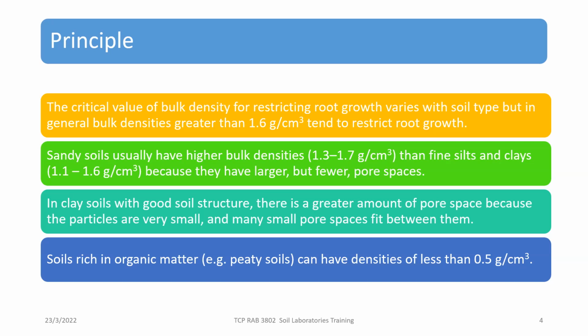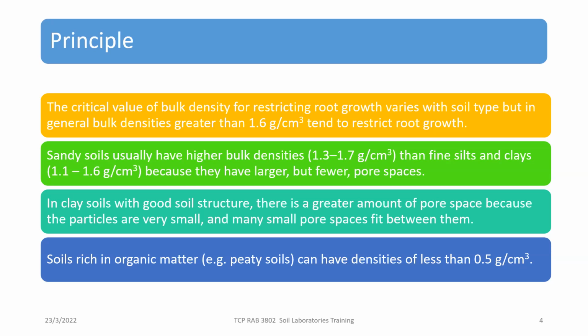Sandy soils usually have higher bulk densities, ranging from 1.3 to 1.7 gram per cubic centimeter, than fine silt and clay ones, which range from 1.1 to 1.6 gram per cubic centimeter, because they have larger but fewer pore spaces.